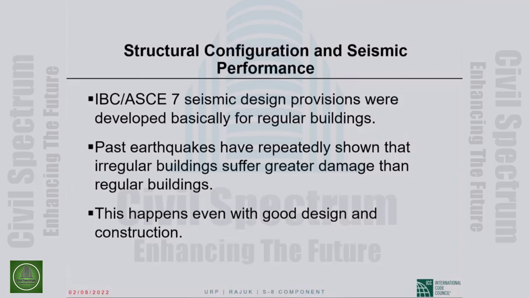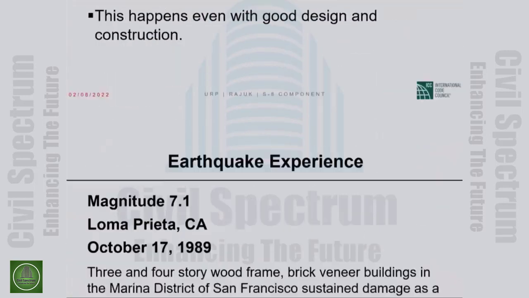This happens even with good design and construction. The configuration is the problem. It is not the design and the construction. By proper design and proper construction, you can improve things, but the problem remains.